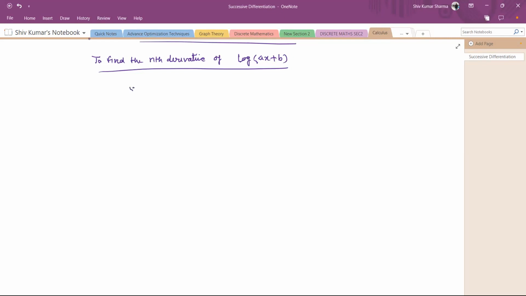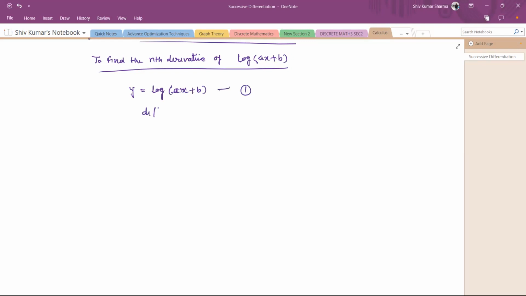So we write down y is equal to log ax plus b. This is our equation number 1.